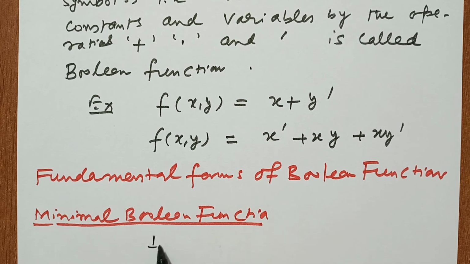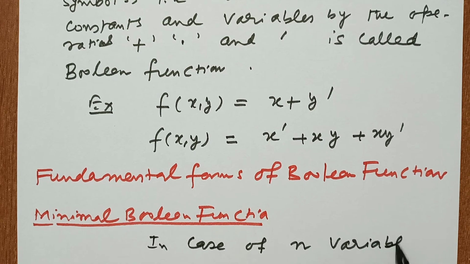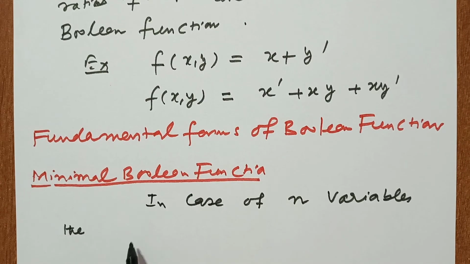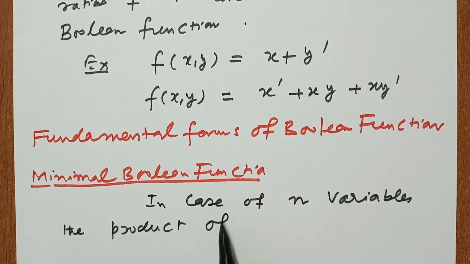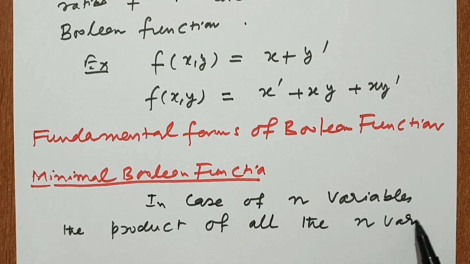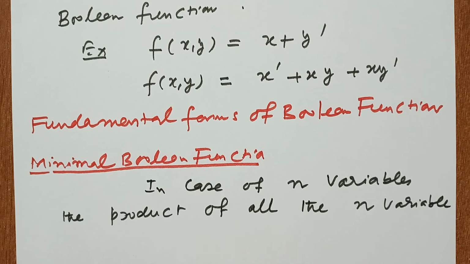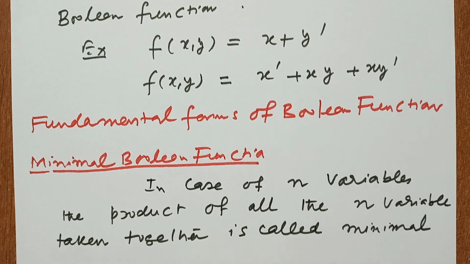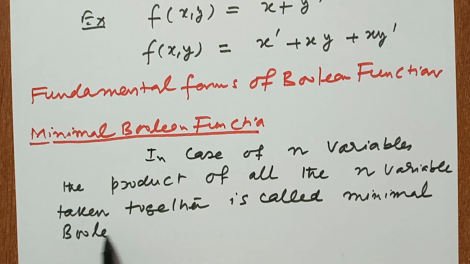In the case of n variables, the product of all n variables taken together is called a minimal Boolean function of n variables.